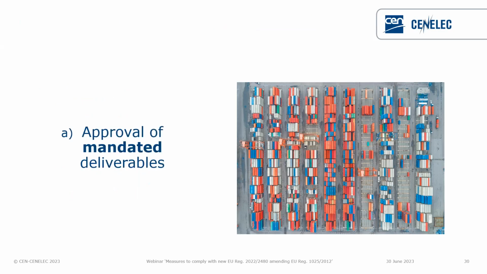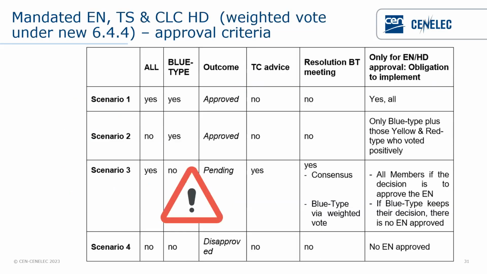So let's start with the approval criteria for the mandated deliverables. In order to do that, we need to make a split, because the deliverables are the EN, the TS, the HD in CENELEC, harmonized document in CENELEC, and the TR. We have to keep TR separate because the TRs are approved by simple majority.